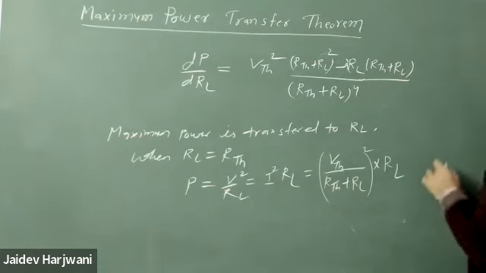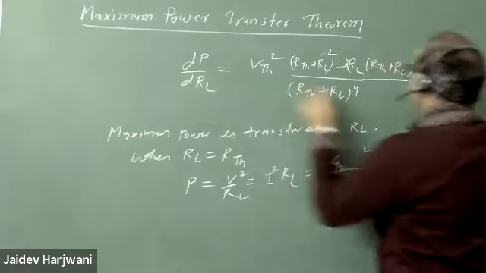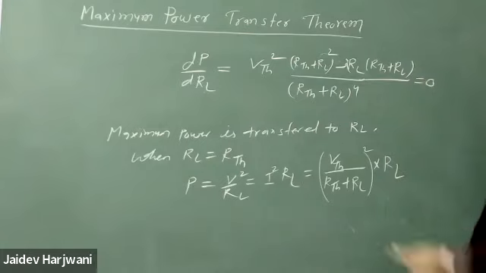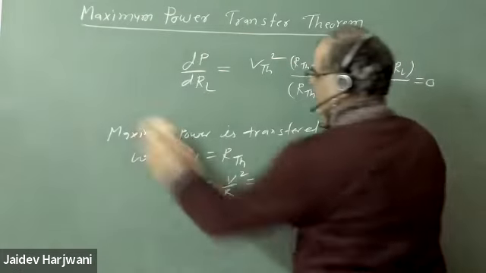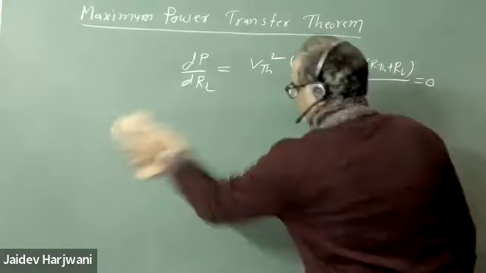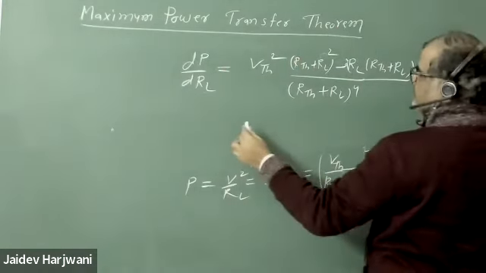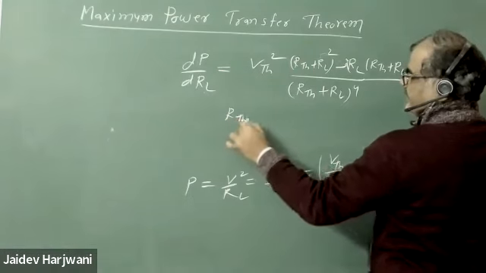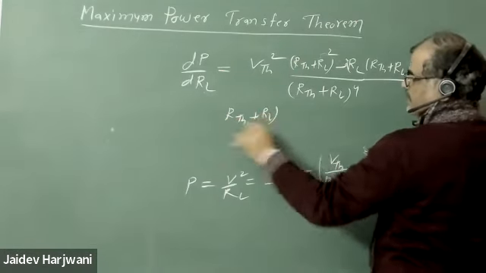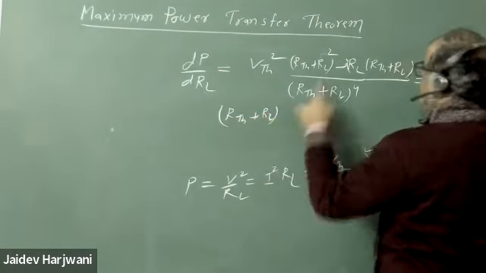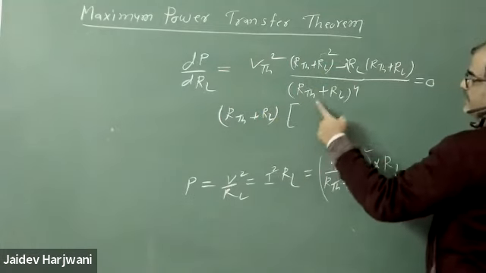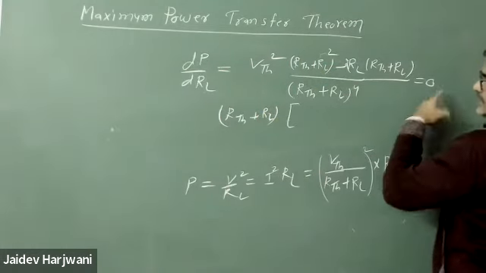Now if this power is maximum, then this quantity should be 0. Let me solve this expression. If I solve this, taking R Thevenin plus RL common, this becomes 0.